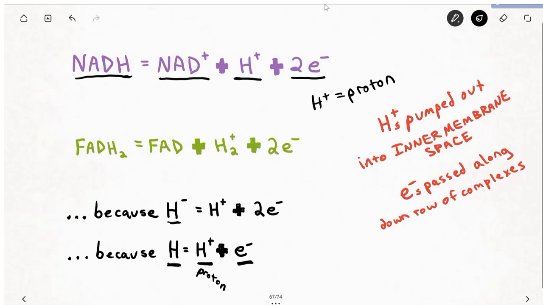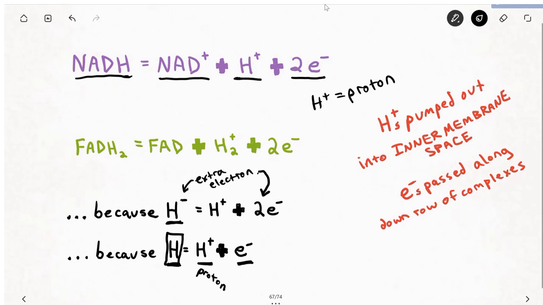And then we also have to account for the fact that there's an electron there. If you add the proton and an electron together, you get hydrogen. And so that means if you have a negative hydrogen, you have an extra electron. So that's why we have 2 electrons listed here as the components with 1 proton equals a negative hydrogen ion.